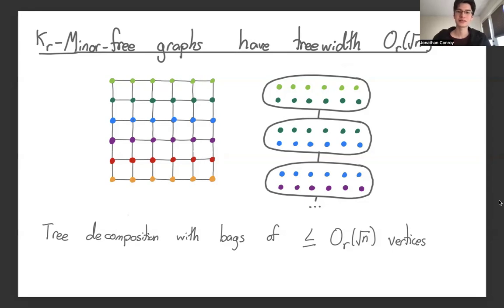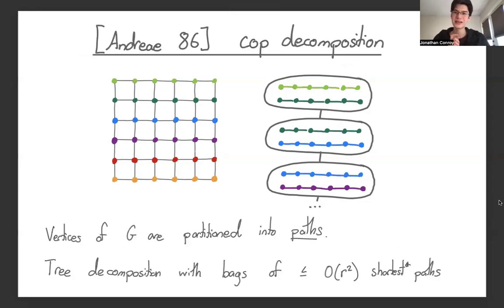So what you can do instead is measure the size of the bag by something other than the number of vertices in the bag. So implicit in the work of Andreae for cop robber games is that it's possible to partition the vertices of a minor free graph into paths, and these are almost shortest paths.